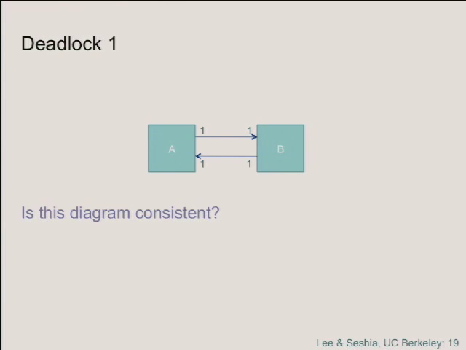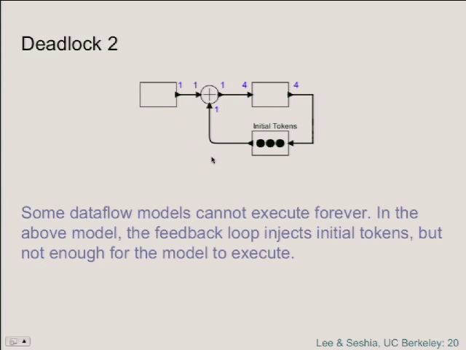So here's a slightly less trivial example than the previous one. Here the production and consumption numbers are all shown. This guy requires 4 tokens to execute. The feedback arc is initialized with only 3 tokens, therefore this thing halts also. But it doesn't halt immediately. In fact, this actor here doesn't have any inputs.